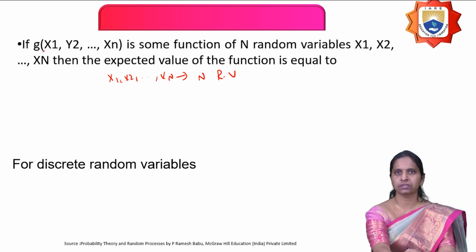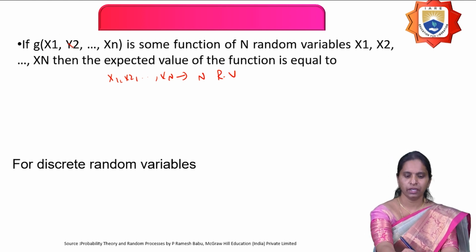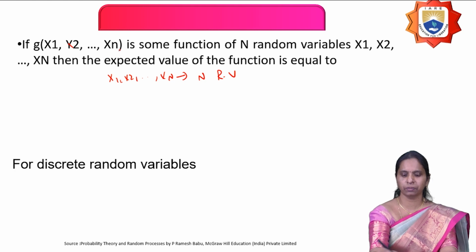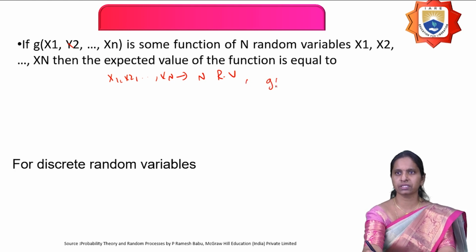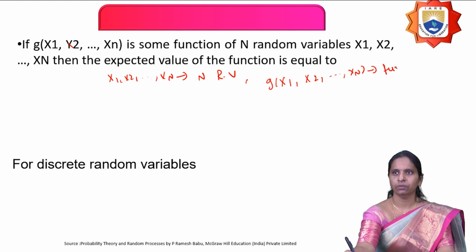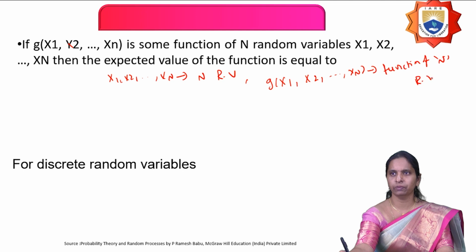And g of x1, x2, and so on xn is nothing but a function of these n random variables.